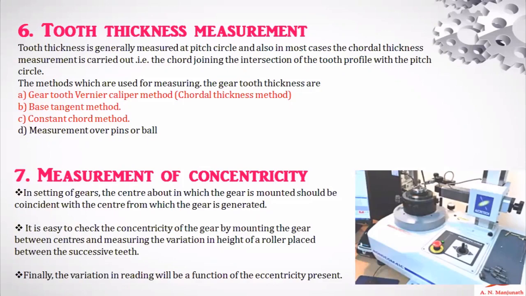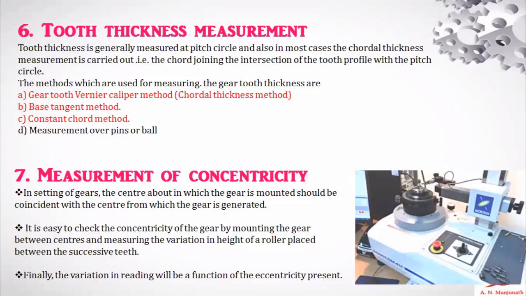You can observe in this image the concentricity, right? The center on which the gear is mounted should coincide with the center from which the gear is generated. Concentric circles, concentricity.